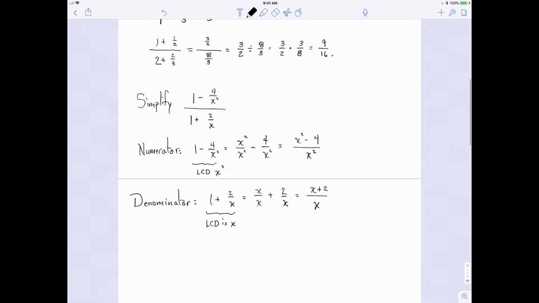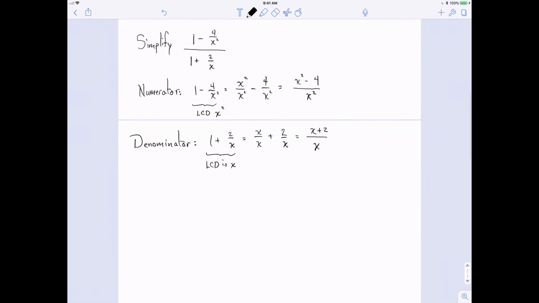Now we can return to the original problem. And here's what's happened. We began with 1 minus 4 over x squared divided by 1 plus 2 over x. And then the numerator can now be written as x squared minus 4 over x squared, and all of that is over the new denominator of x plus 2 over x.